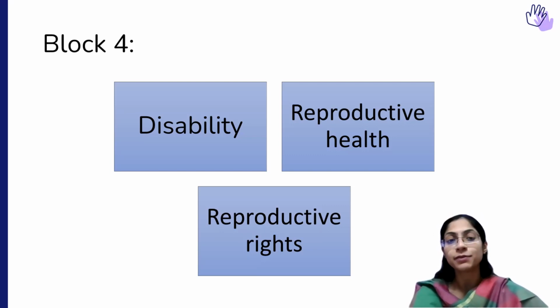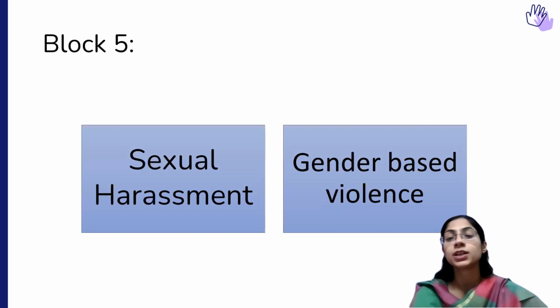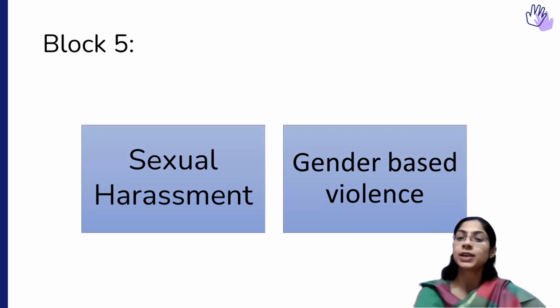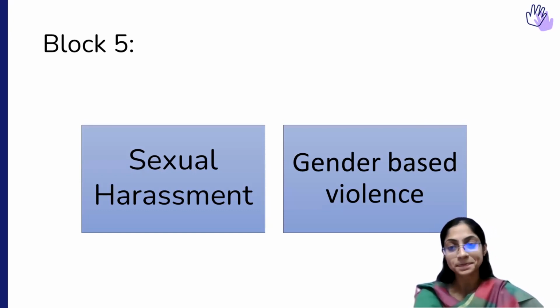In block 5, we shall next focus on how, like we've discussed earlier, women are now contributing to productive work. It leads to sexual harassment at work. Men still try to dominate women as a method of exercising power and control, and women are still underpaid.